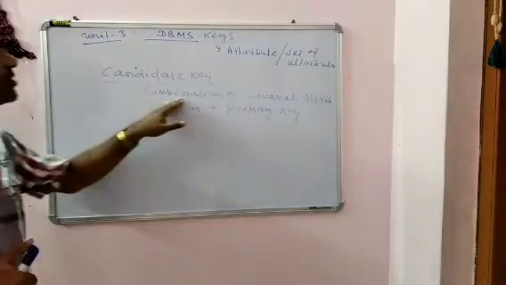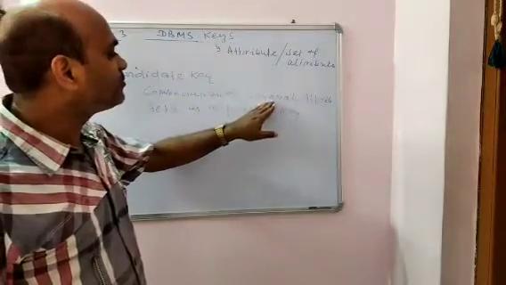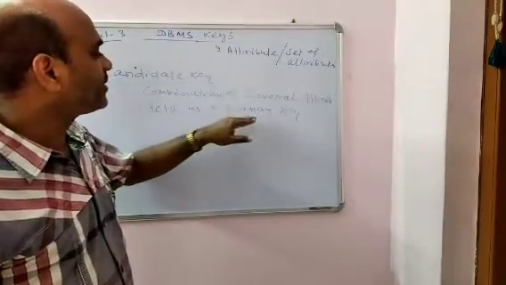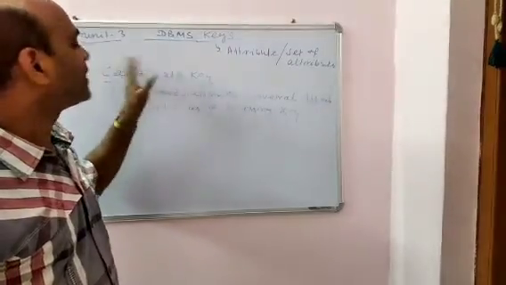Okay, so a combination of several attributes acting as a primary key is known as a candidate key.